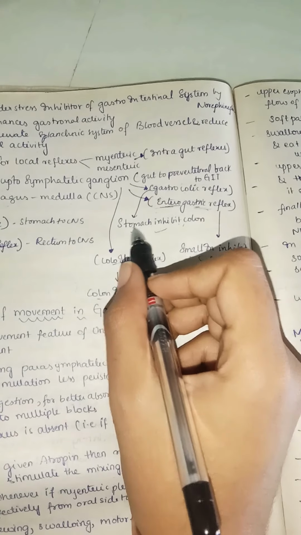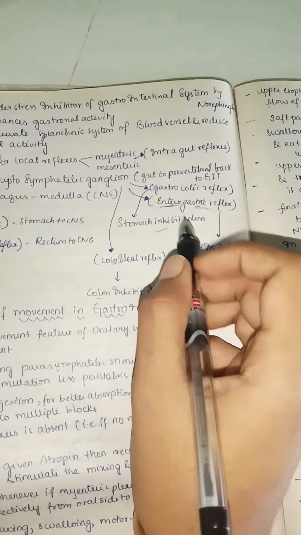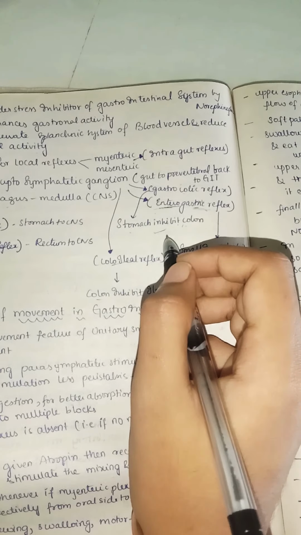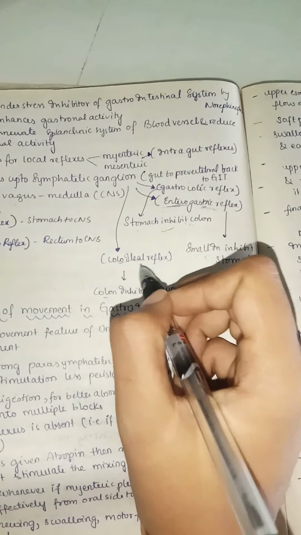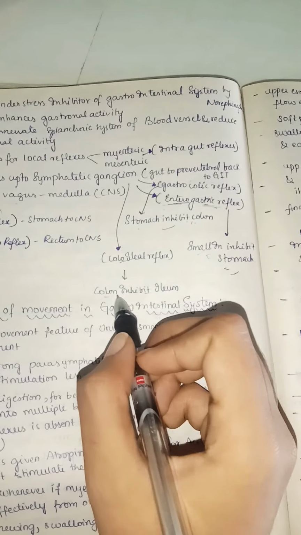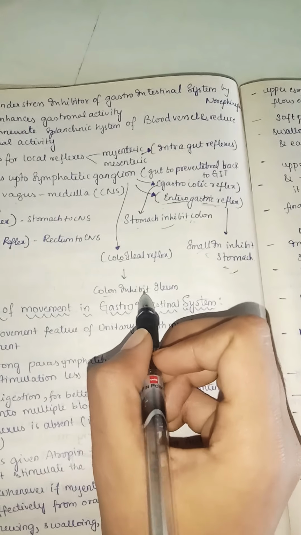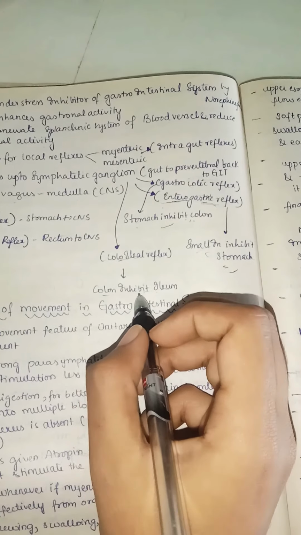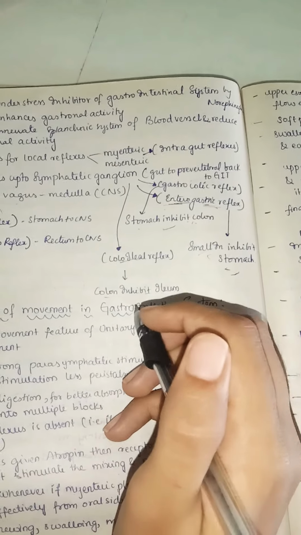Here, the stomach inhibiting the colon means, as a lot of food is present in the stomach, it inhibits the colon. And the coloileal reflex is the colon inhibiting the ileum. The colon, a large intestine part, inhibits the ileum, because the colon already has a lot of food.